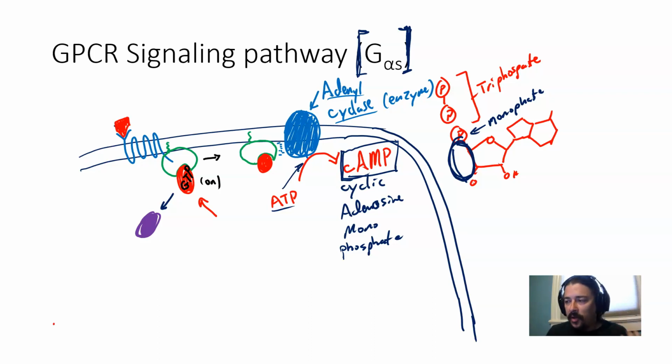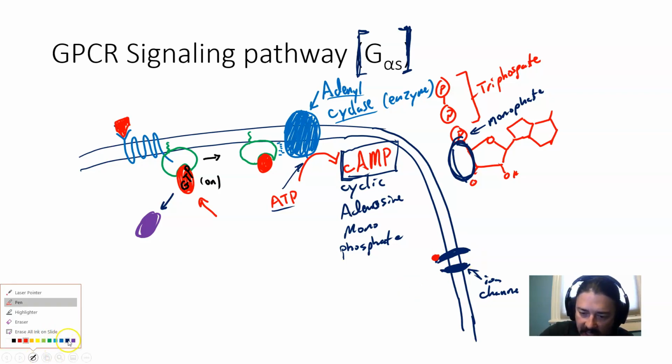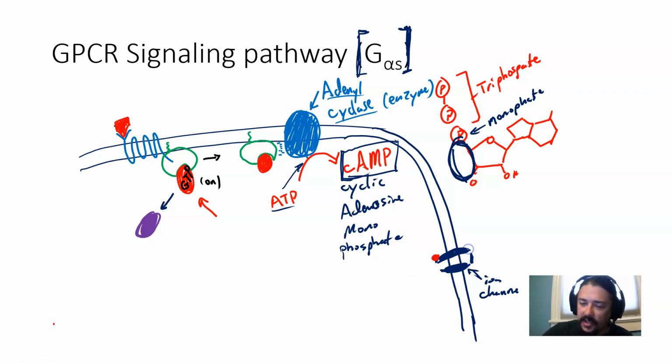But we're talking about neurons, and the main thing that this cyclic AMP is going to do in a neuron is it's going to bind an ion channel. And when the cyclic AMP binds that ion channel, the gate that was keeping this ion channel closed is going to open.